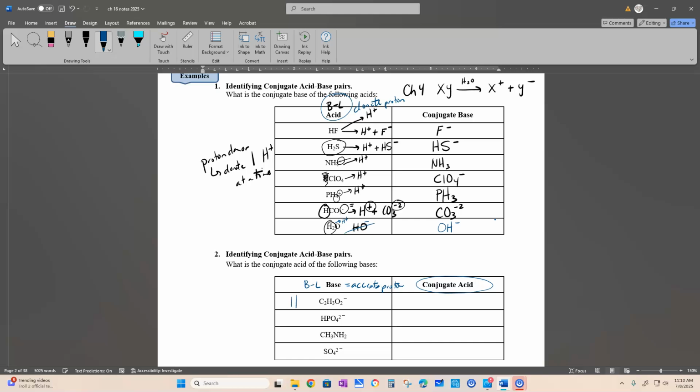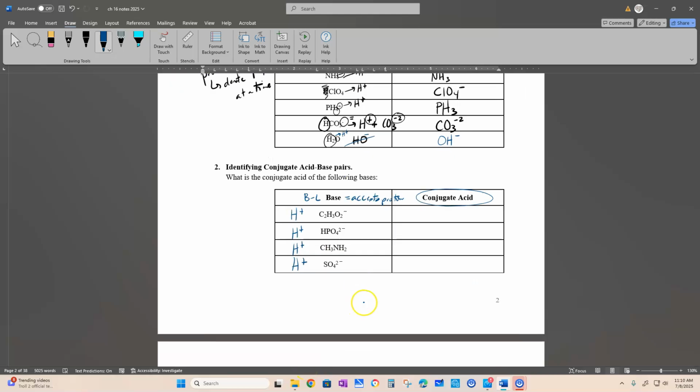Basically, it's like saying H plus is added to it. But be very careful, okay? We're not doing crisscross. We're not trying to make compounds. We're just putting them together, okay? So these two come together, and you make your acid.